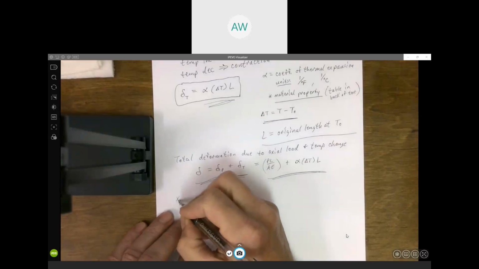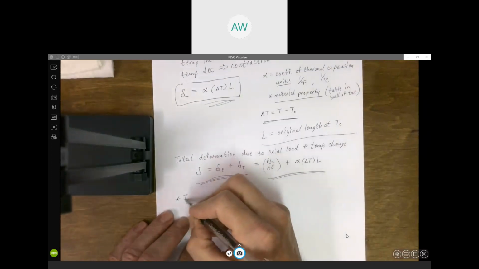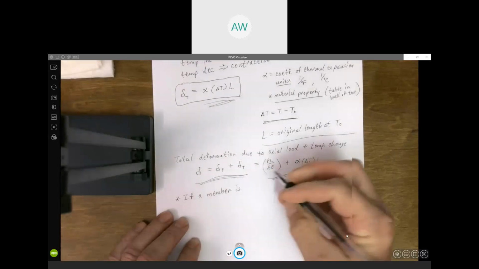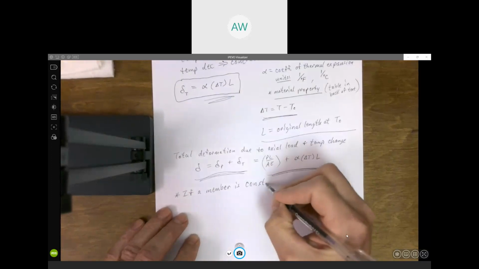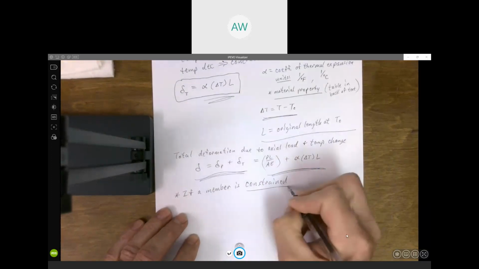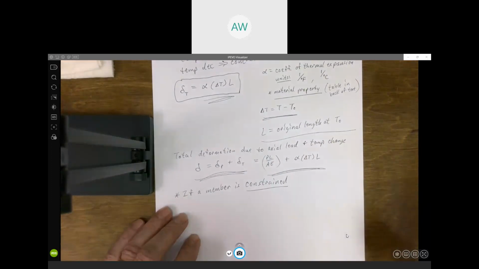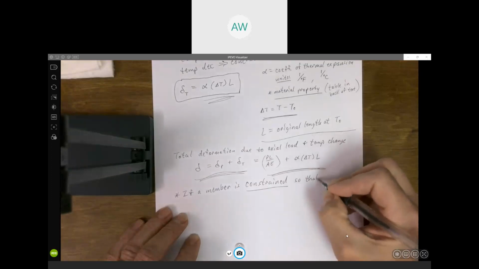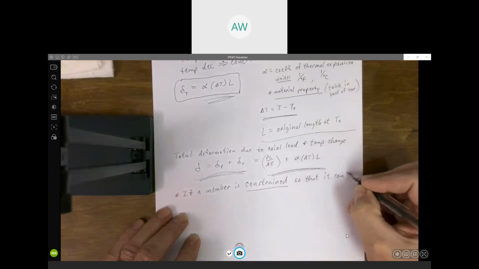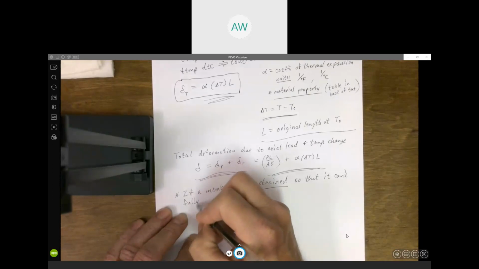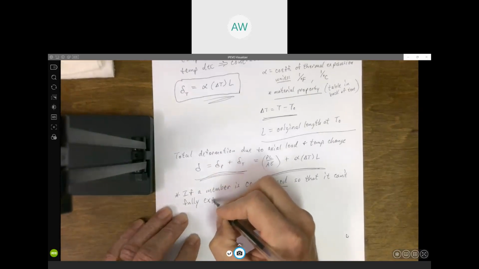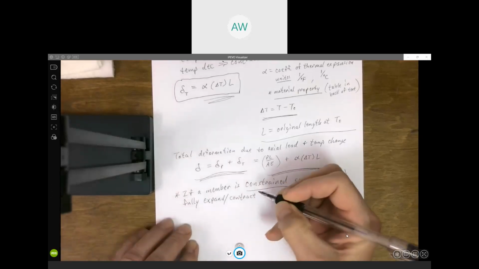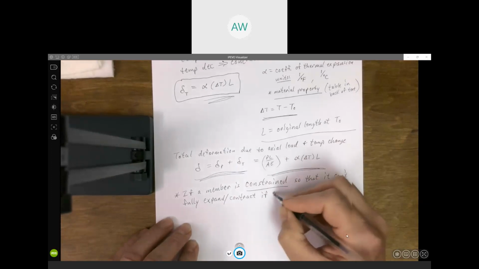So that's where we get stresses, is if a member is constrained. Somehow or another we constrain it so that it can't fully expand or contract, again, if the temperature changes.